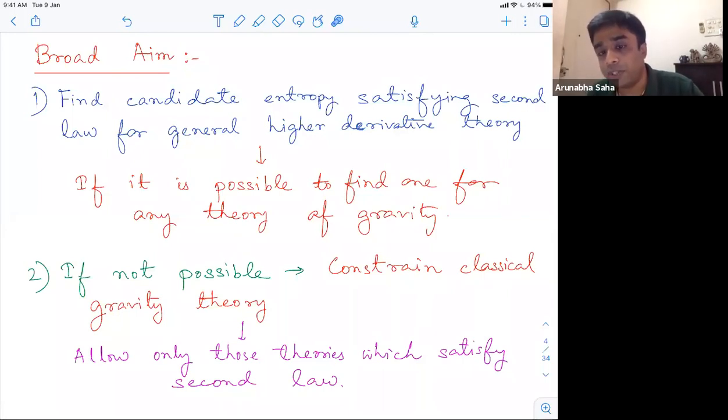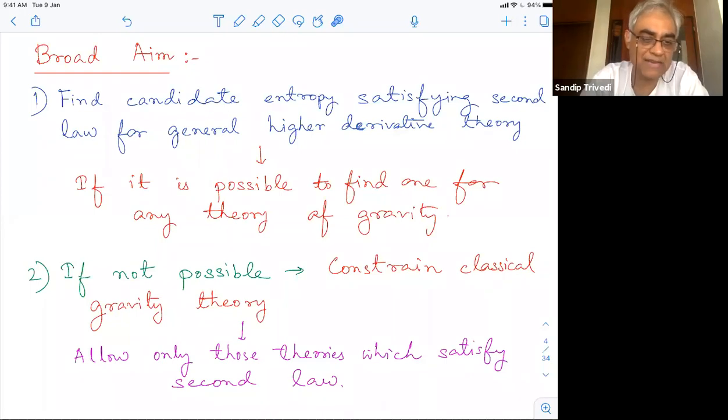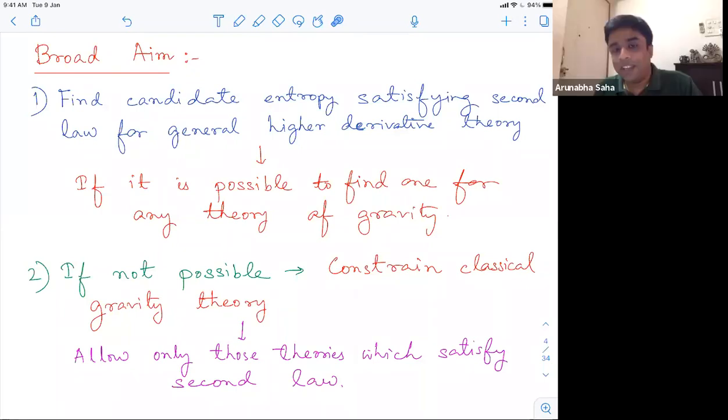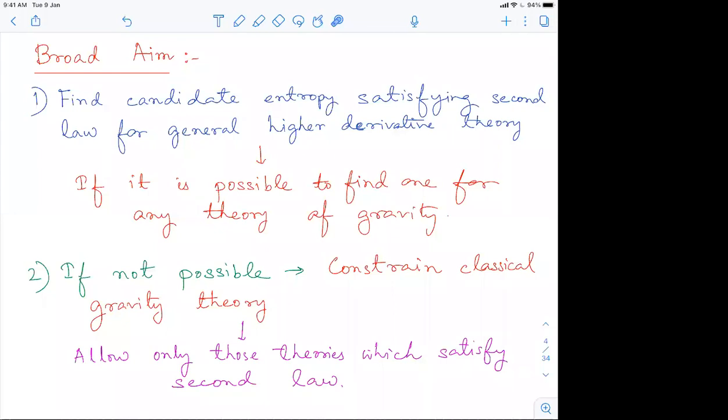You're saying there could be consistent theories of gravity which allow the second law to be violated? Consistent otherwise. The definition of consistency depends on what sort of constraint you're putting on it. Sandeep, I think he's saying that there are theories of gravity that you could write down that will not be consistent, and one of the diagnostics of them not being consistent is that they do not obey a second law.